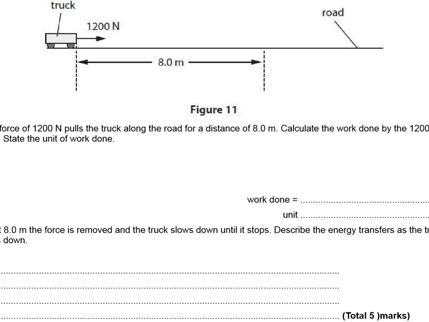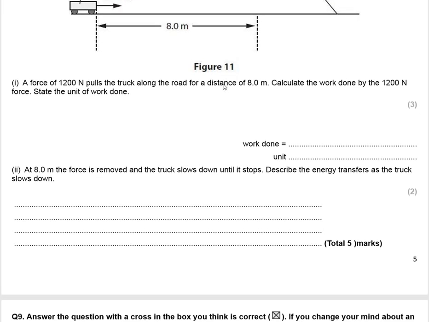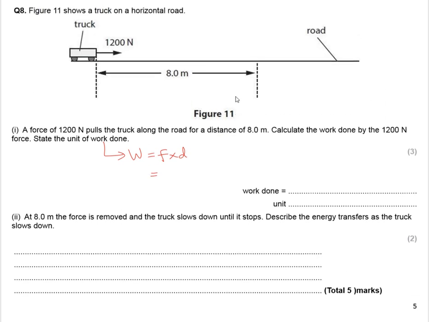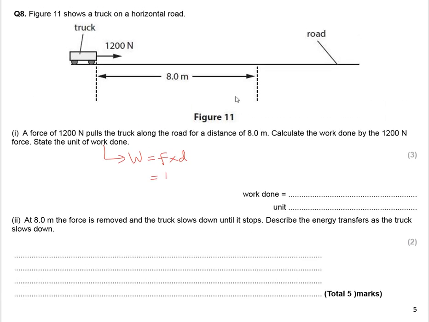Now, this is another question which we're going to do. Work done. So work done is force multiplied by the distance. The force is 1200 multiplied by the distance. So all you're doing, guys, is multiplying the numbers together here. So you get 96.